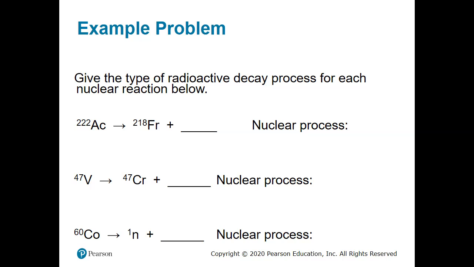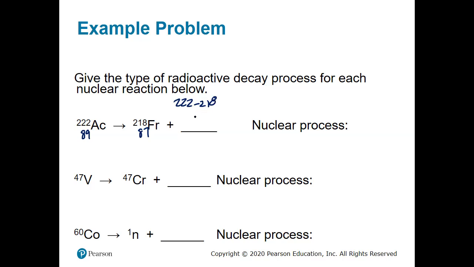So actinium, it's not given to us, but actinium is element number 89. Francium, Fr, is element number 87, so that's its atomic number. The resulting particle, the thing that is missing, I have 222 minus 218.